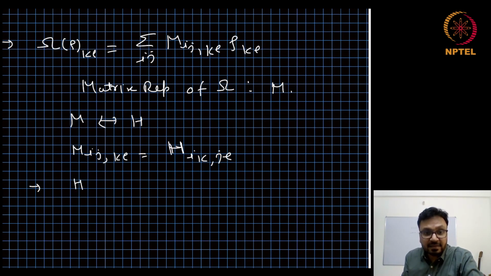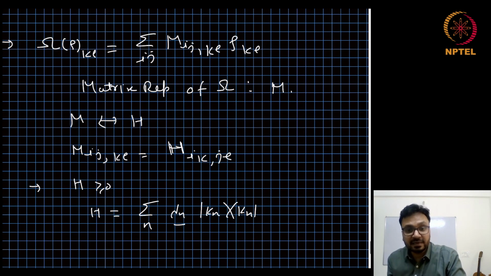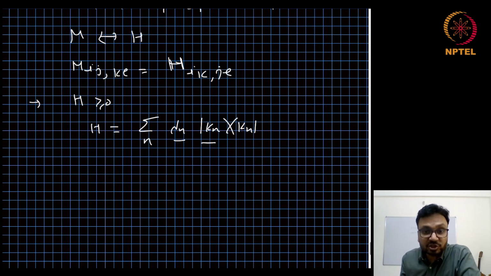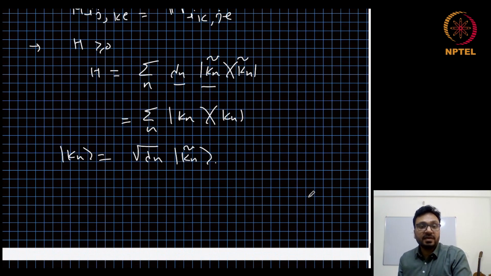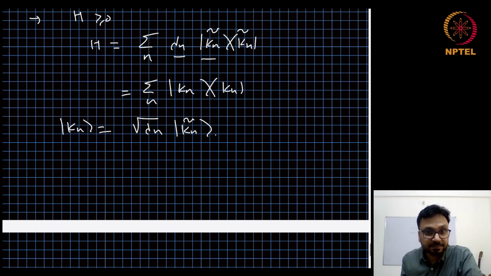And since for a completely positive map H is positive and Hermitian, of course, H can be written as sum over n lambda n |kn><kn|, where lambda n are the eigenvalues and kn are the orthonormal eigenvectors of H. Let us put a tilde here for normalized, and the unnormalized Kn is defined as square root of lambda n times kn tilde. The Kns are the unnormalized vectors.